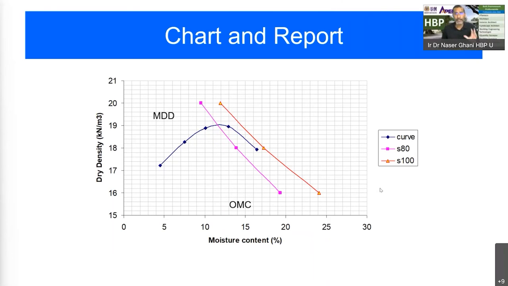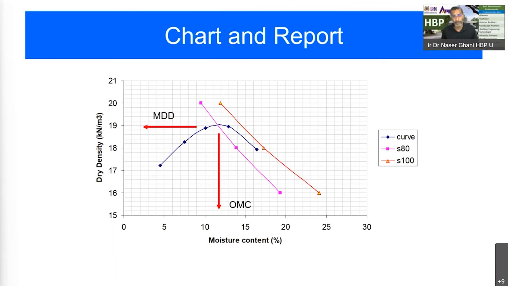So once we have got this, this is usually included in the report to be submitted to the authority who will monitor the construction on site. From here, you will find what is the optimum moisture content and what will be the maximum dry density. So the maximum dry density over here is about 19.